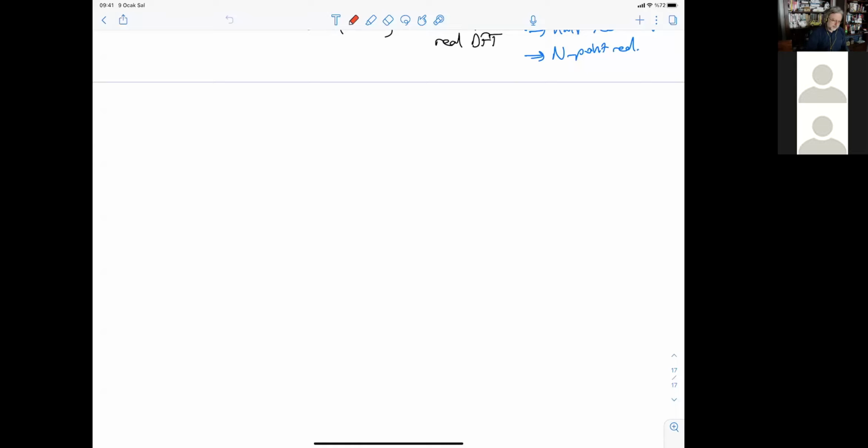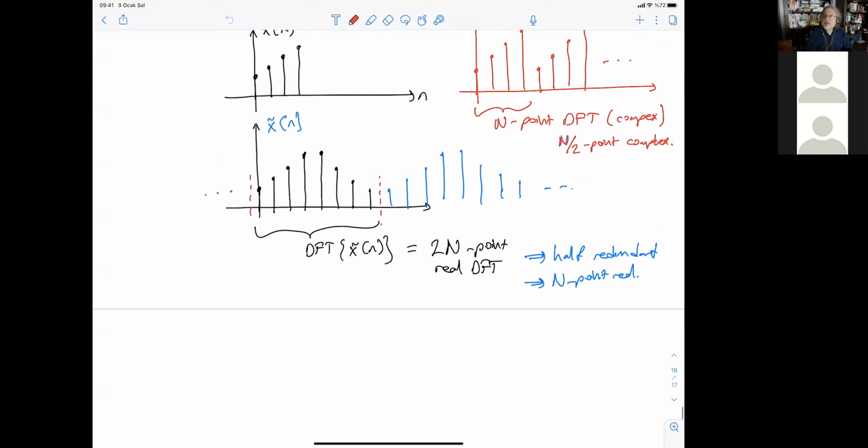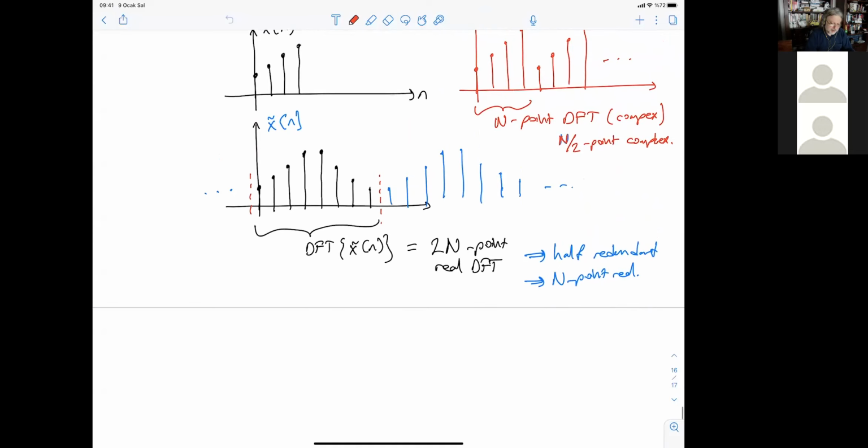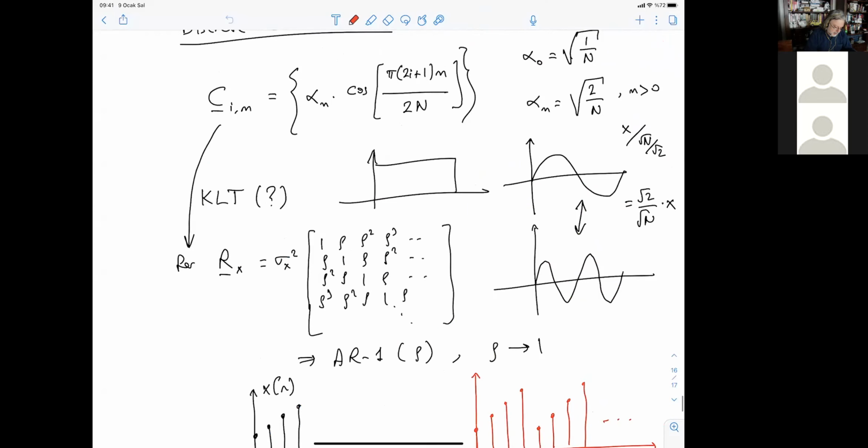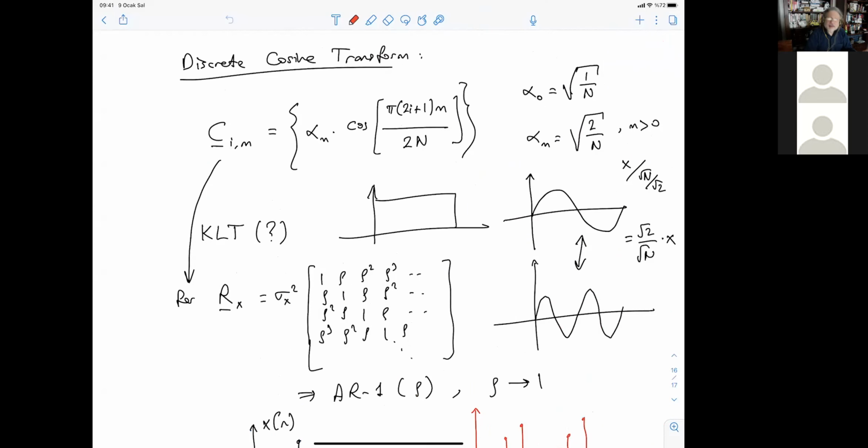Okay, so we can now continue with our discussion regarding some typical transforms. We have started seeing the discrete cosine transform, and we said that the items of the transformation matrix can be obtained by using these cosine terms that we see on the screen.